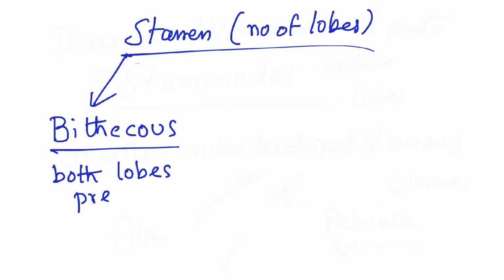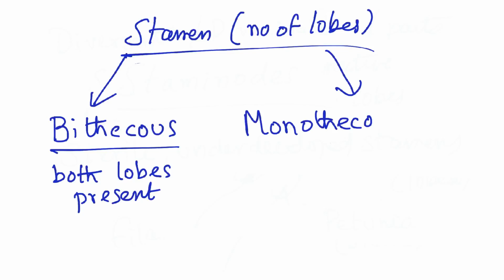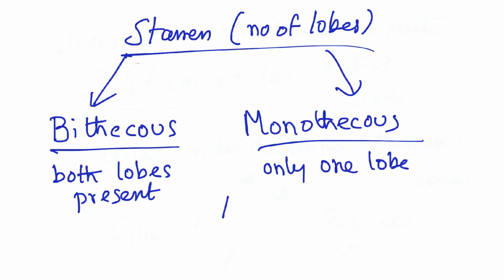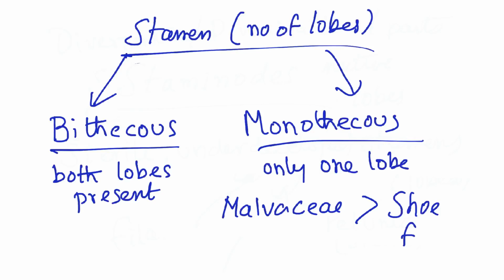The other kind is called Monothecous, where instead of two lobes we have only a single anther lobe. A very famous example is the family Malvaceae. Of that, the key example is the shoe flower, which is the hibiscus flower.